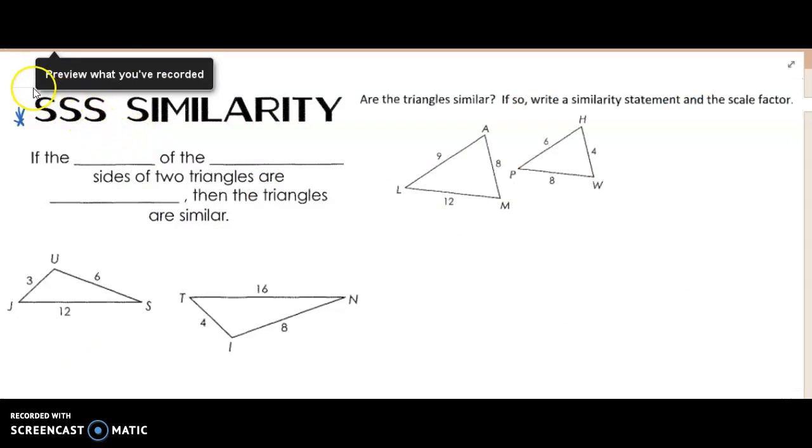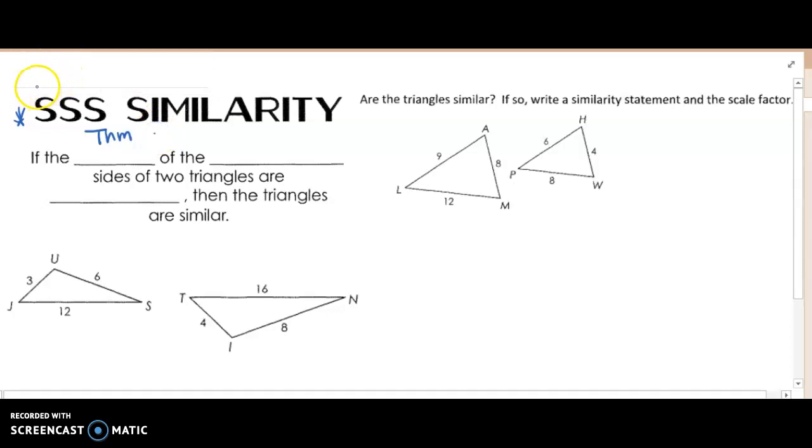All right, let's move on to the side-side-side similarity theorem.